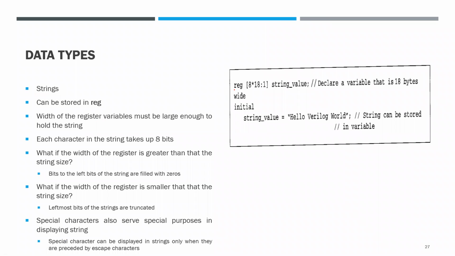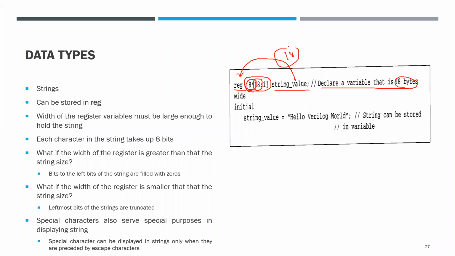So here we have a register, with a slight modification of this specification, string value. This is a string value related to the register data type, but how many bits is each string value? You can see that it is 8 into 18. So this is 8 bits, and how many 8-bit locations? 18.